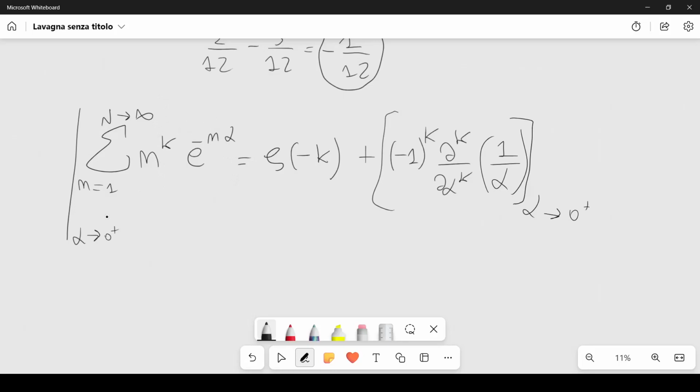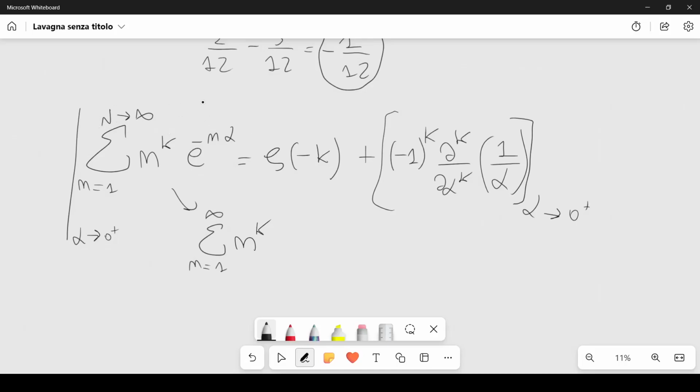When you let alpha go to 0, this summation will come closer and closer to the following summation, in this case with n to the power k, because this exponential will be close to 1 when alpha goes to 0. So even for large values of n, this will still be approximately equal to 1, right?